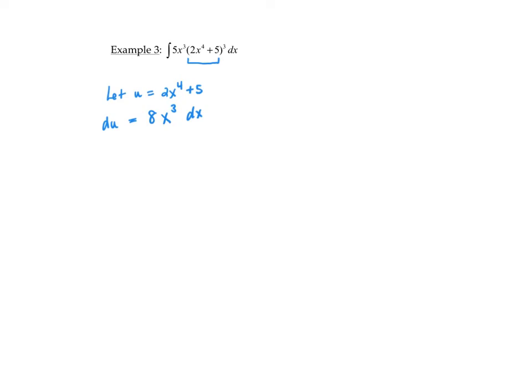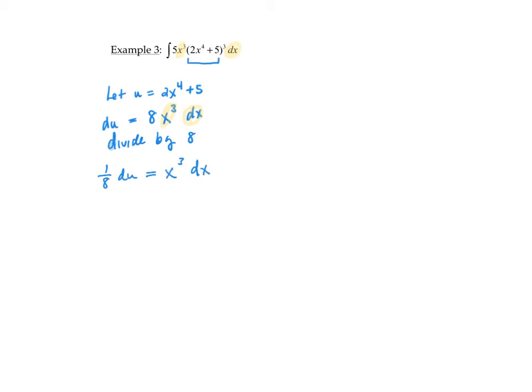I have the dx right here, and I have x cubed, so that part's a match. Okay, but what I don't want is the 8 out in front. So what we're going to do first is divide by 8. So we're going to end up with 1/8 du equals x to the third dx.